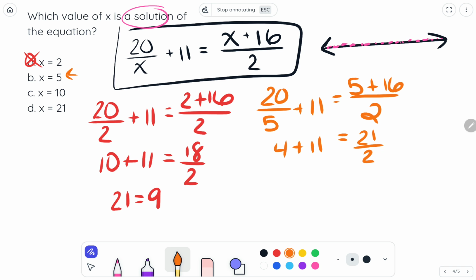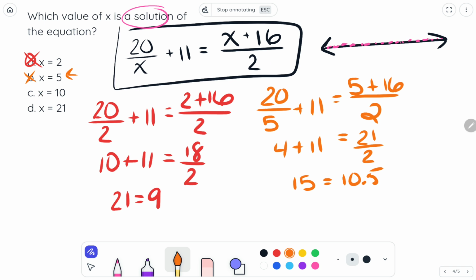Is that right? 16, yep. And then 4 plus 11 is 15 on our left-hand side. 21 divided by 2 is 10.5. So we have 15 is equal to 10.5. Again, not true. So 5 is not a solution to this equation. It is not a value that makes this equation true.